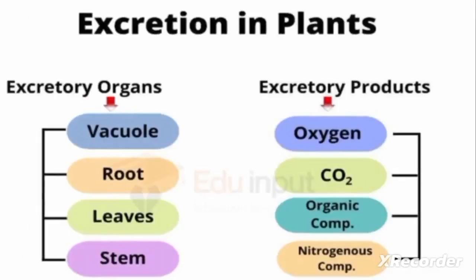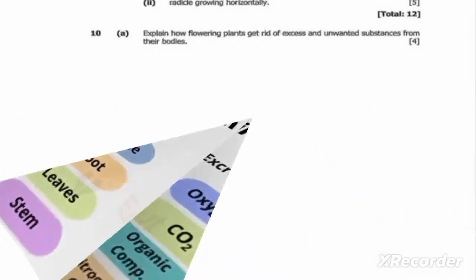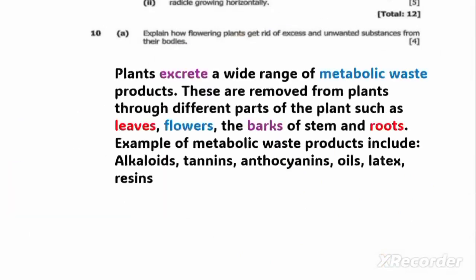So we have an illustration here. We have excretory organs found in the plant: we have vacuole, root, leaves, and stem. And we have excretory products: oxygen, carbon dioxide, organic compounds, and nitrogenous compounds. So therefore, we are going to say plants excrete a wide range of metabolic waste products.